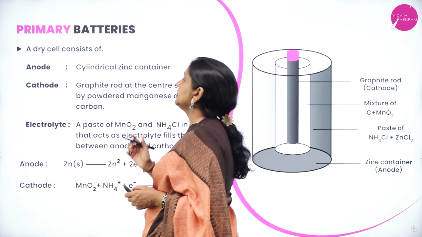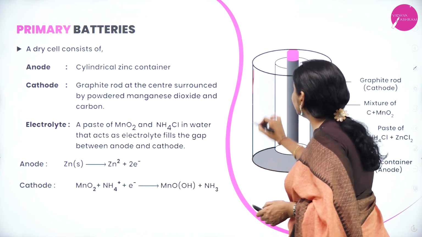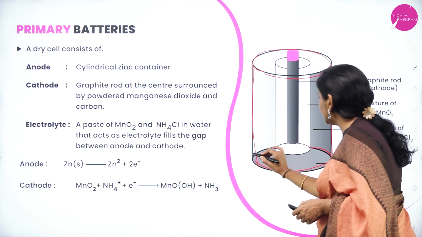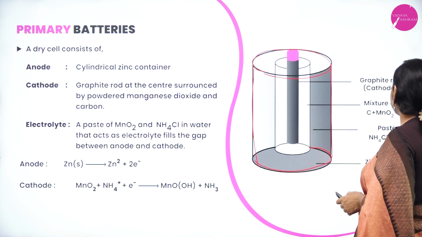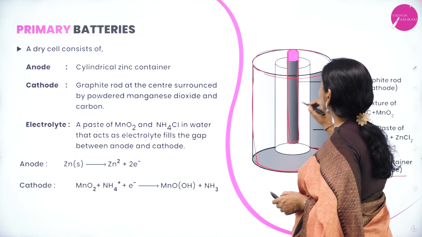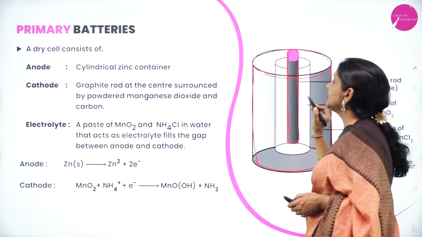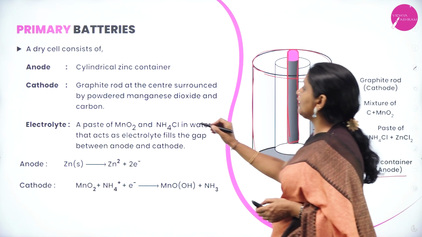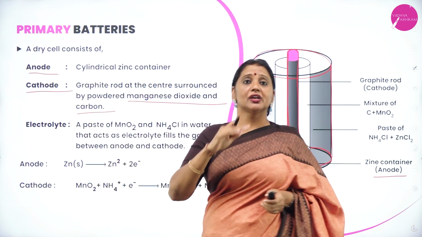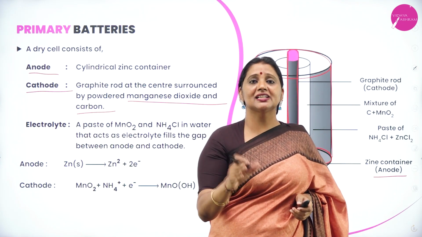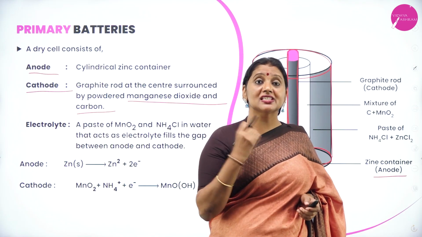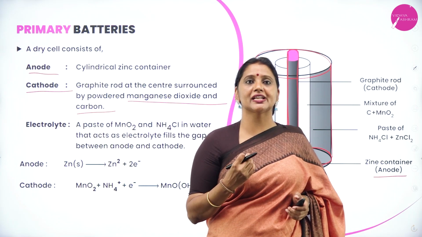The dry cell consists of a cylindrical zinc container, which acts as the anode. A graphite rod is situated at the center of this container, surrounded by powder of manganese dioxide and carbon, which acts as the cathode.